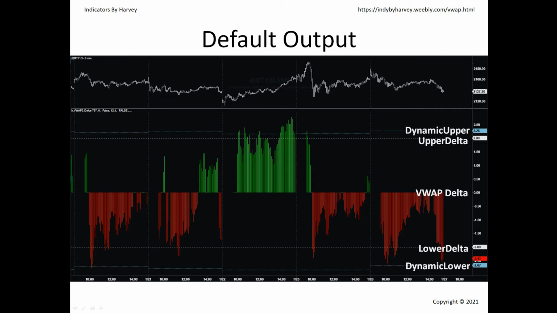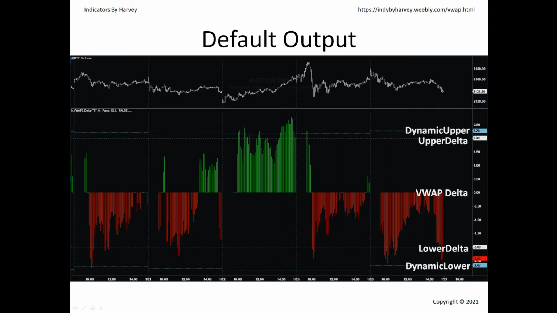Upper and lower delta are lines set by you, the trader. Default is plus and minus 2, and that allows you to set an alert when the deviation achieves the upper or lower delta.